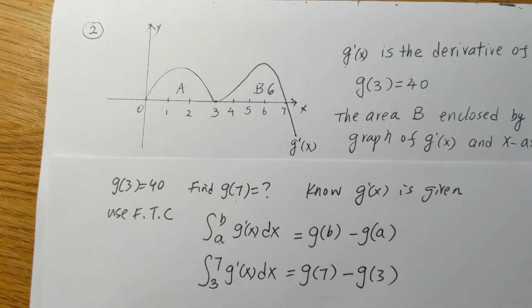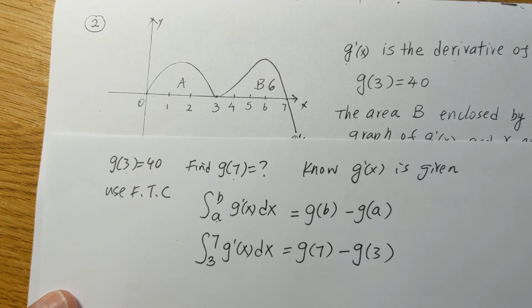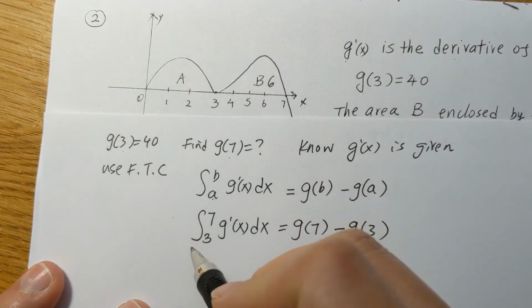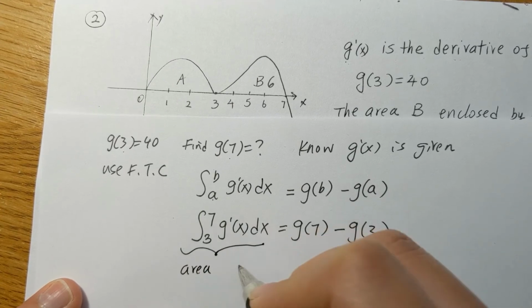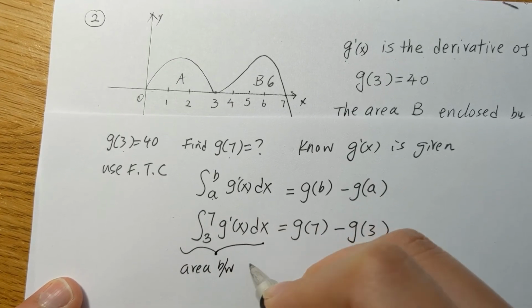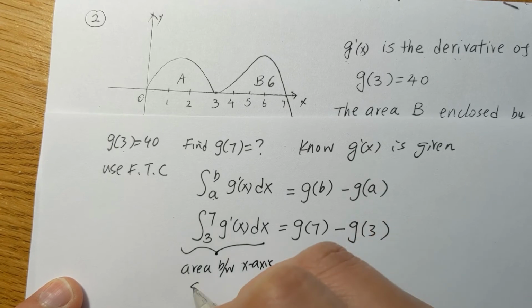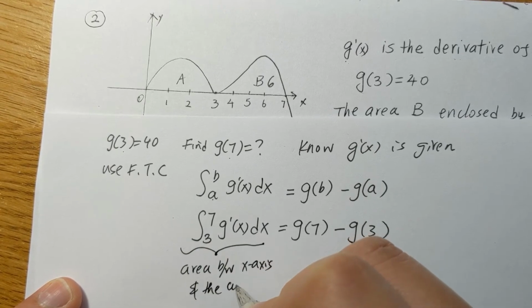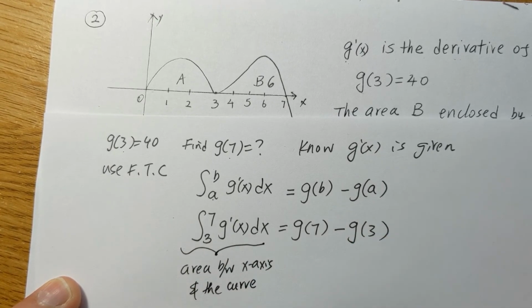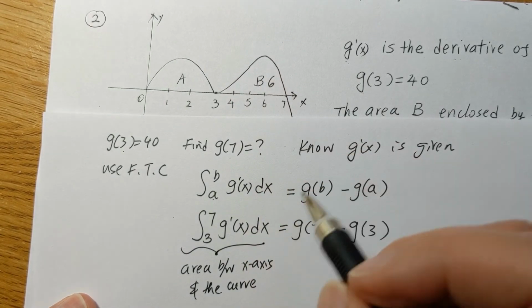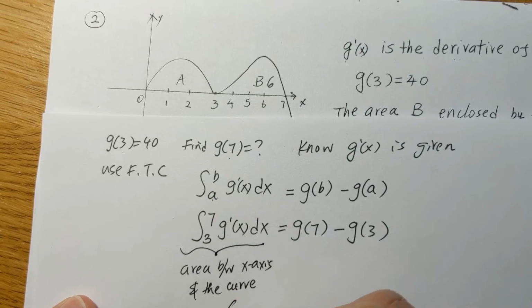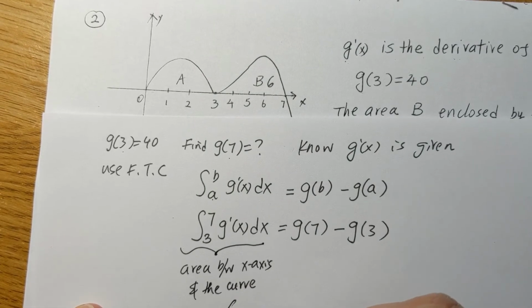We're going to use the same strategy. We look at this integral, and it represents the area between the x-axis and the curve. In other words, area under the curve. And because this part is above the x-axis, it's equal to 6, equal to the area.